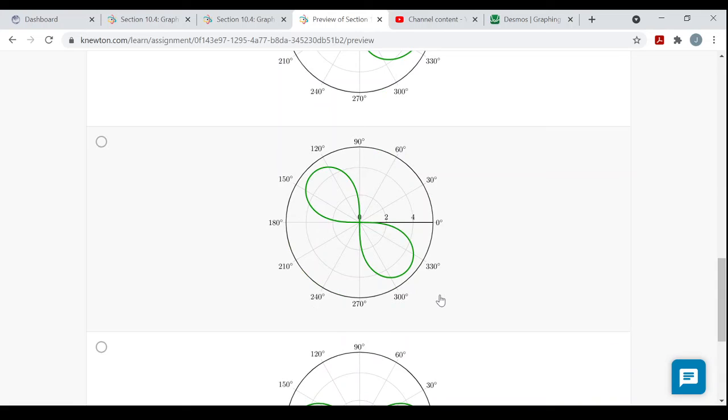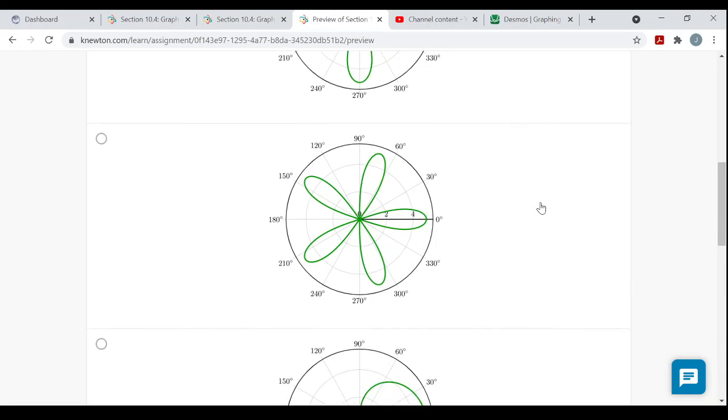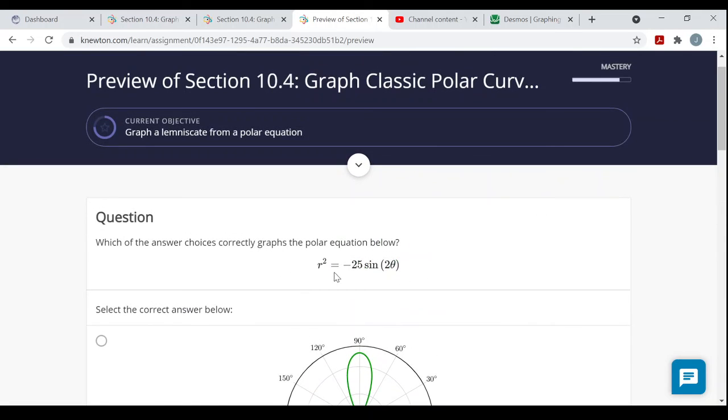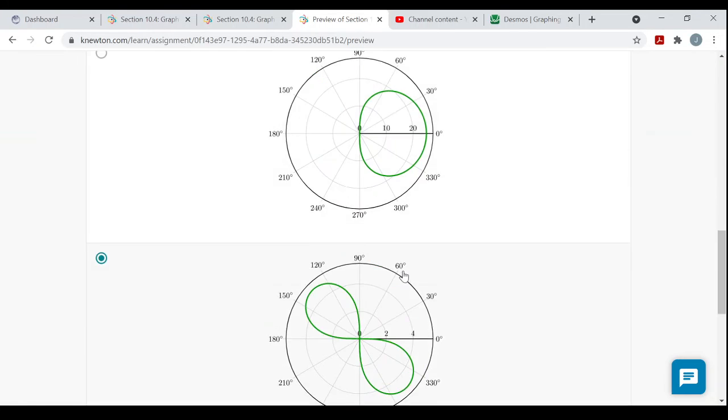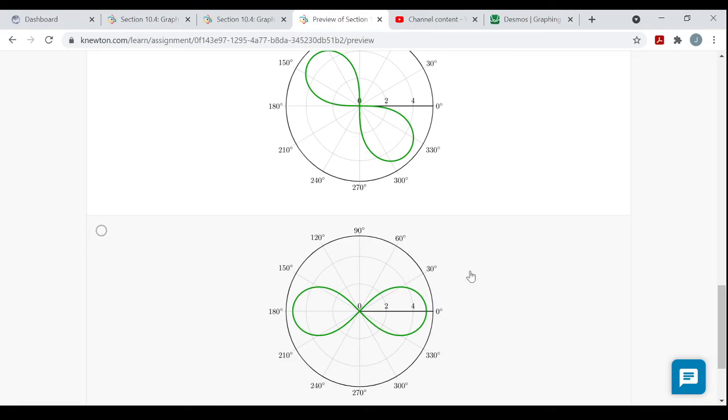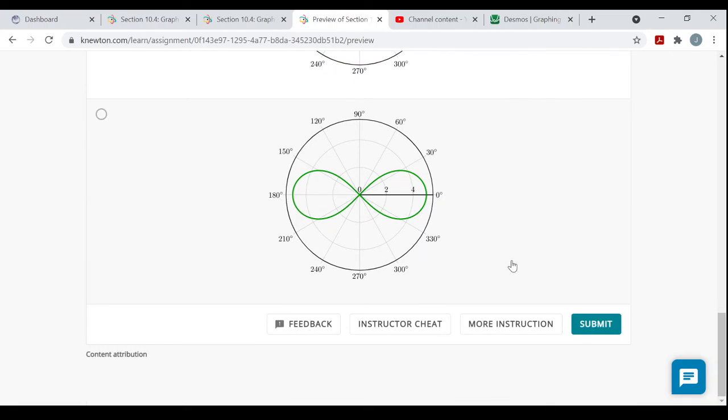This one is the only one that's oriented the right way. You could have just solved for r, put it into Desmos, and compared which of these options looks like the Desmos picture. I just wanted to show you how to work these by hand as well if you absolutely needed to.